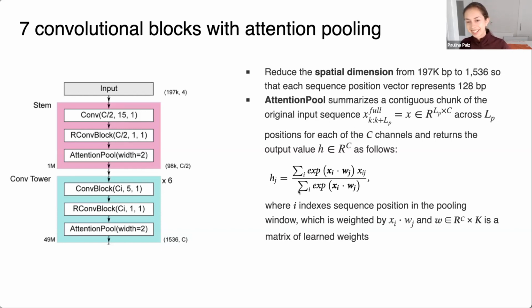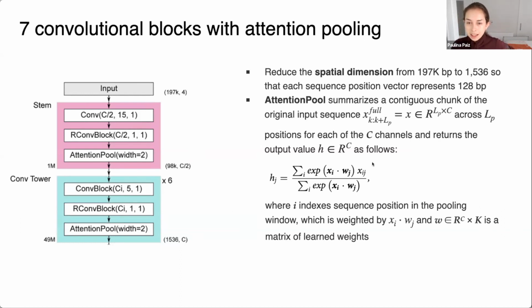And I'm sorry for the math here, but I think this equation is not a commonly used one. Some people have told me that it looks similar to softmax. It's not softmax. This has to do with attention pooling. It's something that they have actually used, and I haven't seen it anywhere else. So if you have, I'd love to check out where else it has been used.